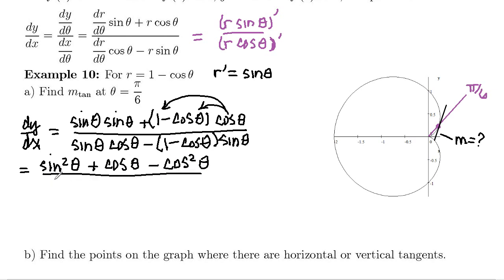In the denominator, we've got sine theta cosine theta, and multiply this guy in, so that's going to give us minus sine theta. Then sine theta cosine theta with a negative and another negative is positive, so that gives us another sine theta cosine theta. So 2 sine theta cosine theta, and we can move that over.